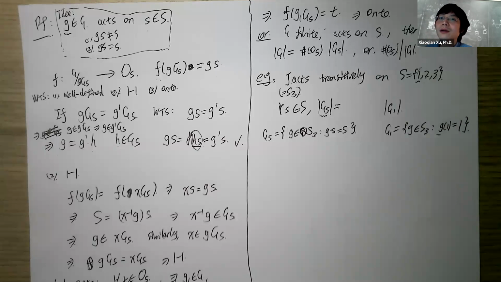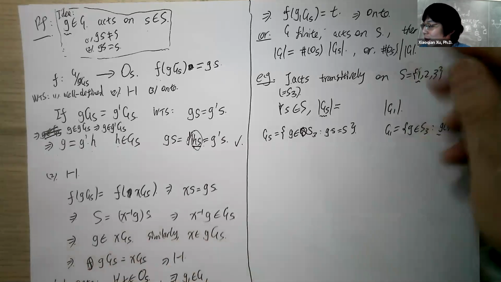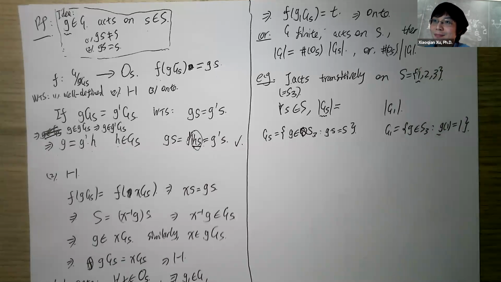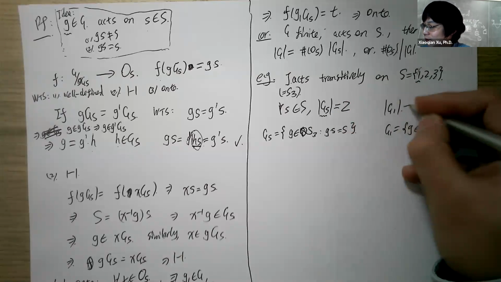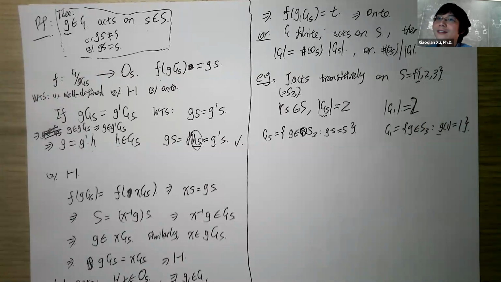So you only have 2. In the language of the triangle, you only have this reflection or the reflection squared, which is the identity. Is that clear? So the stabilizer of this group action always has order 2.